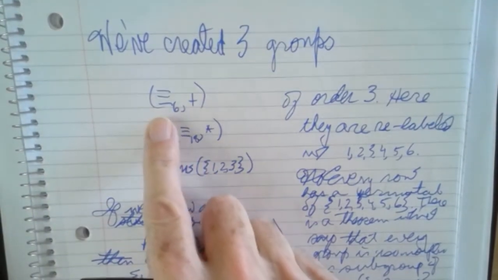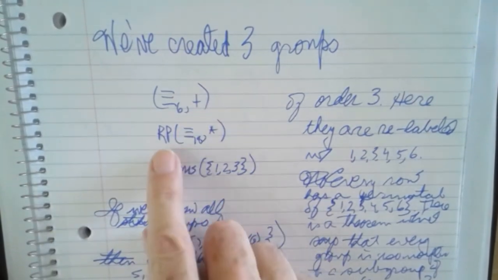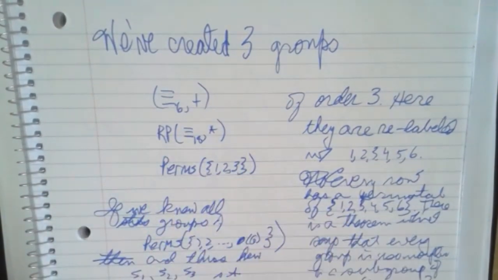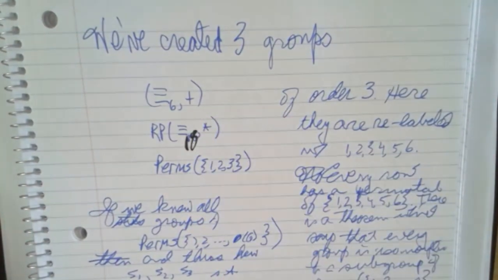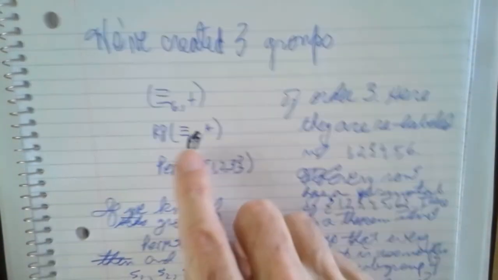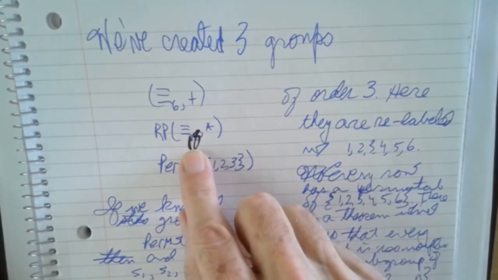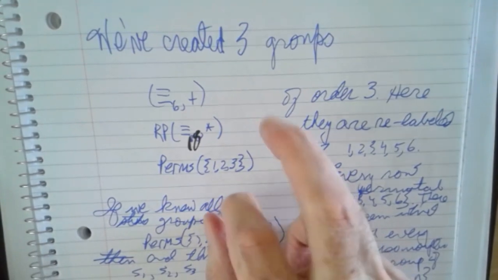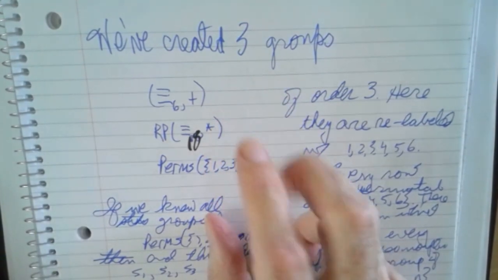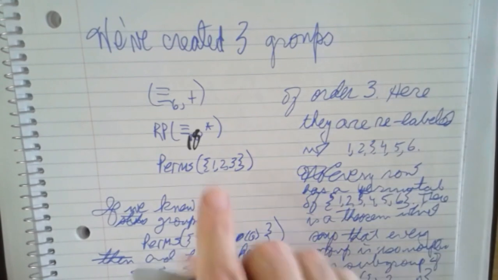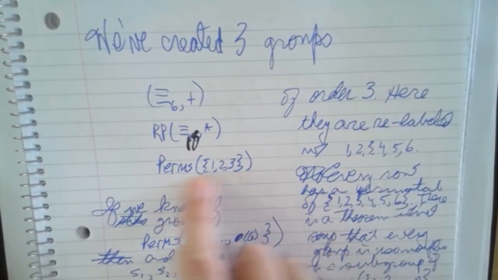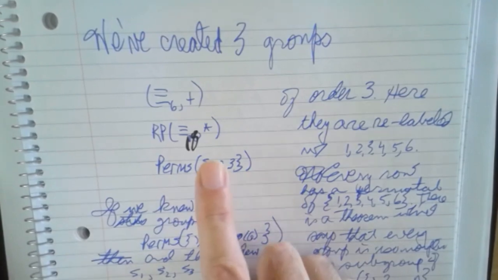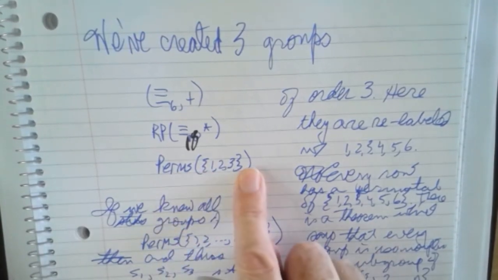So you have modulo 6 under addition, relative primes, these would be under 18, and there are 6 numbers less than 18 that are relatively prime to 18: 1, 5, 7, 11, 13, 17, I think. And the permutations on 1, 2, 3, that's 6 of those.